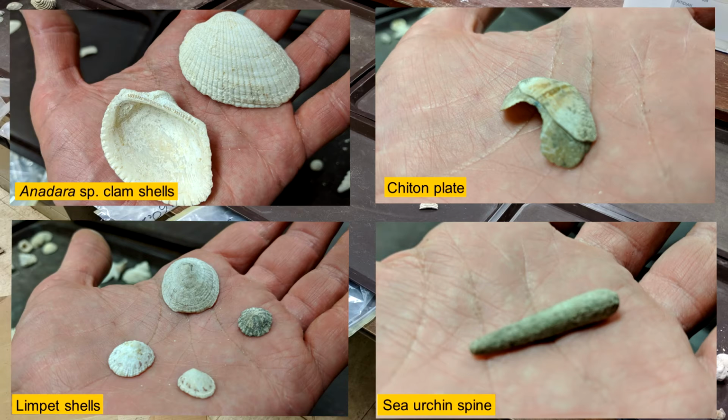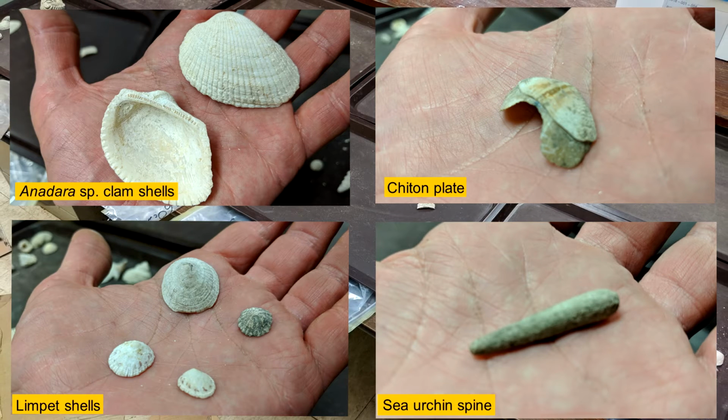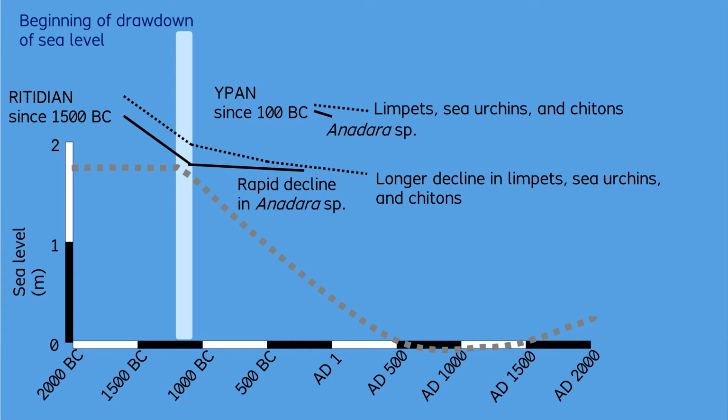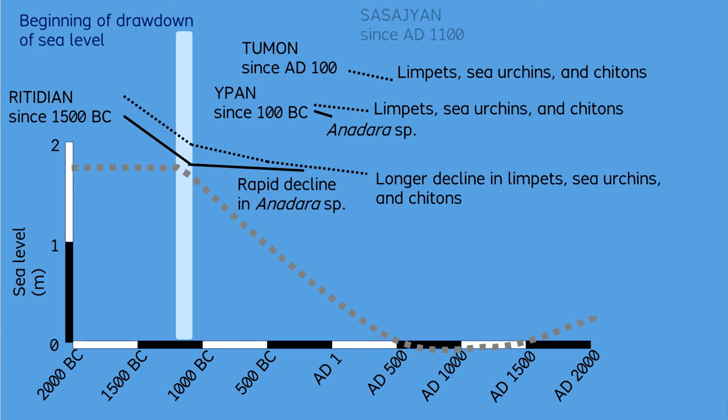I then looked at the records for sites of different ages. For example, at the sites where nobody had lived until more recently, the Anadara clamshells never were found in much abundance, and therefore we can infer that Anadara clams did not survive in healthy numbers through the changing sea level in this area.